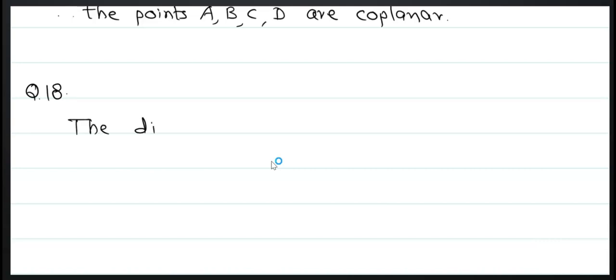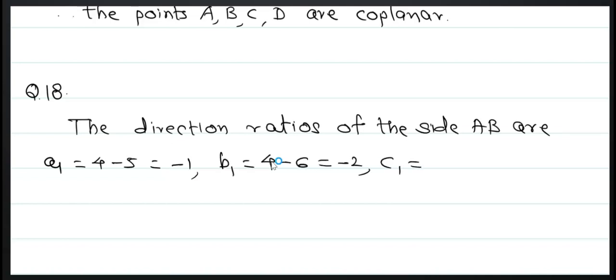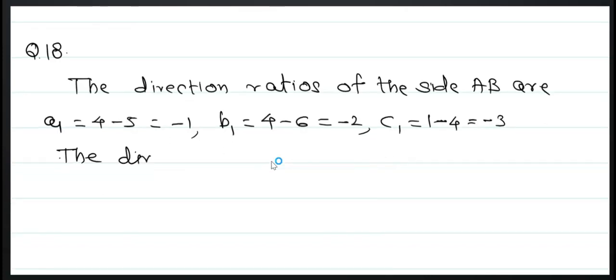Question number 18. The direction ratios of the side AB are A1, which is 4 minus 5, that is minus 1; B1 is 4 minus 6, that is minus 2; and C1 is 1 minus 4, that is equal to minus 3.